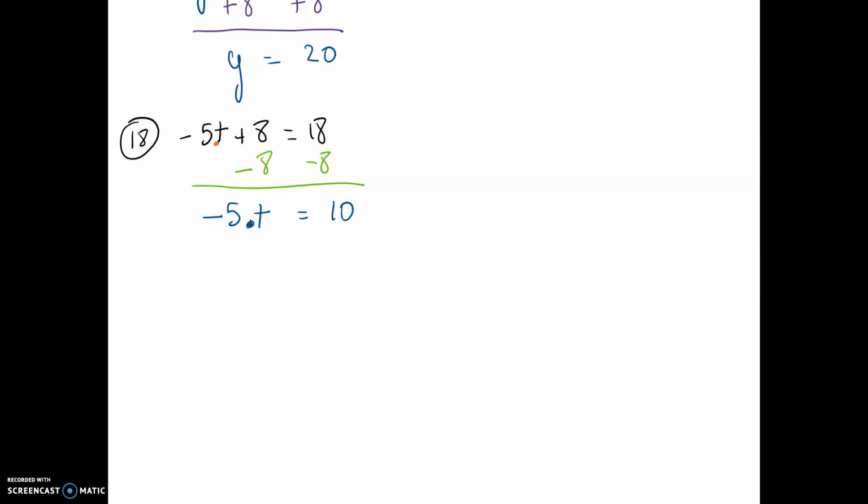Because you have a multiplication, now you can divide by negative 5. But if you divide by negative 5 on the left, you will have to divide by negative 5 on the right side. Therefore, now you end up with t, because the negative 5 divides out, t equals negative 2. 10 divided by negative 5 equals negative 2.